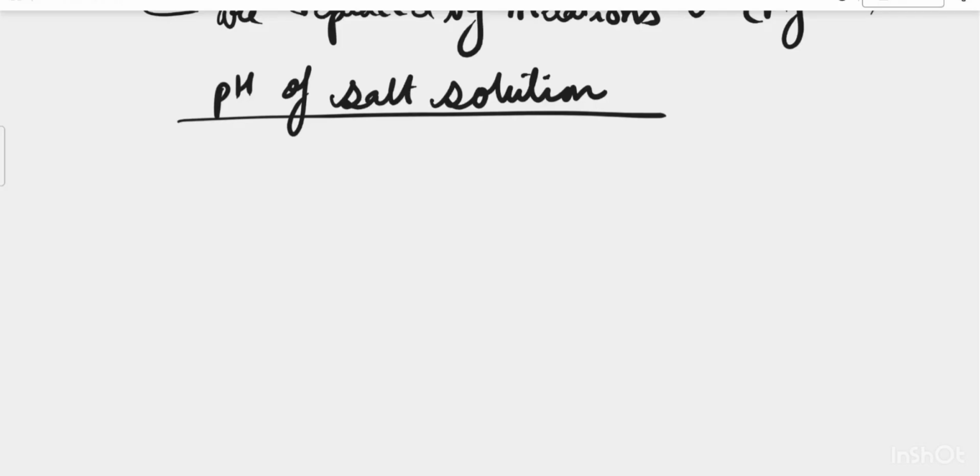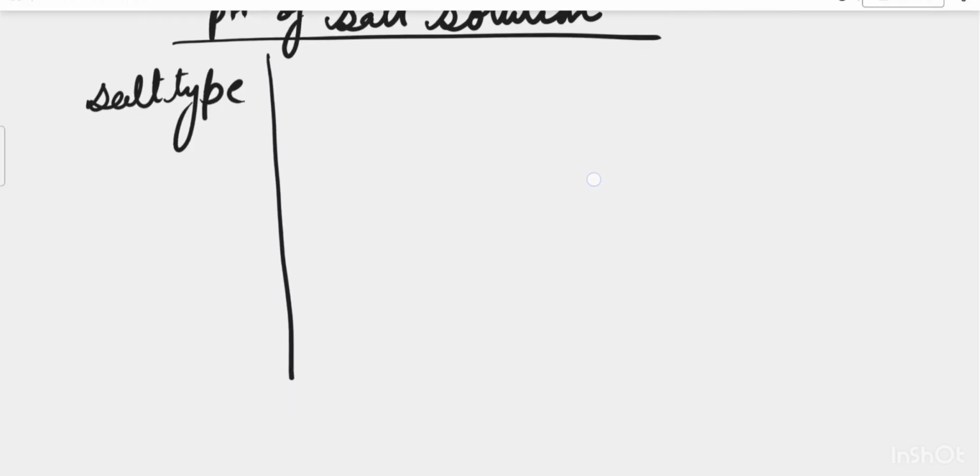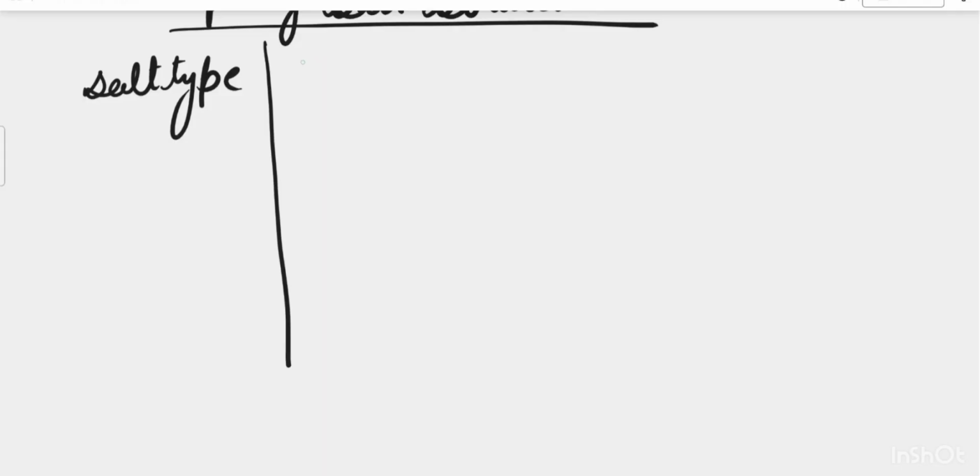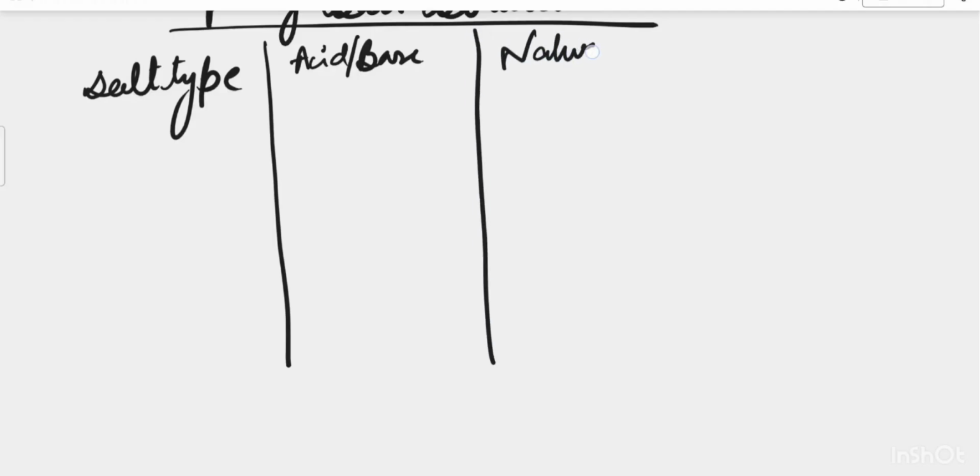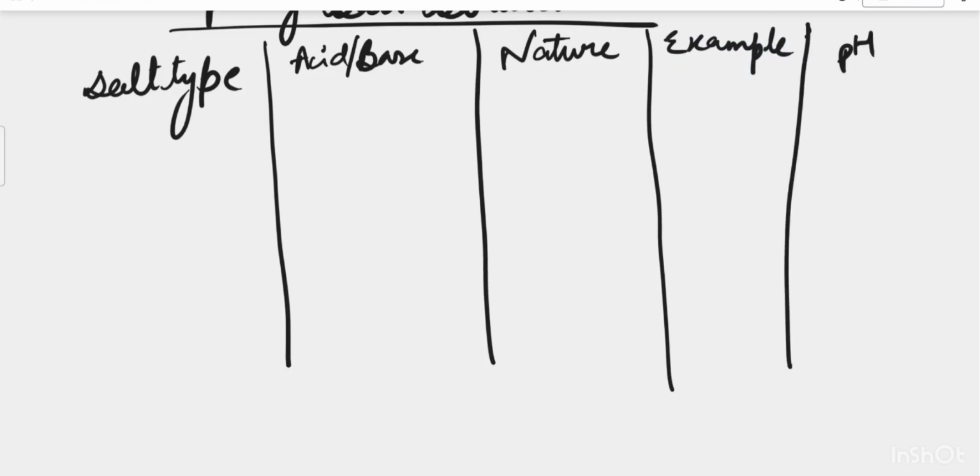So, salt type. We can make a table over here. This is salt type, then acid or base, its nature, an example, and pH.